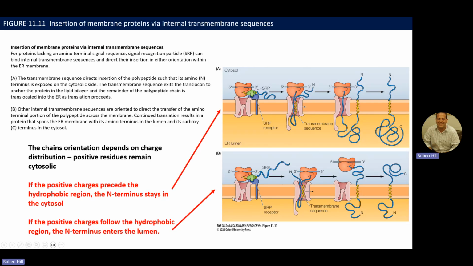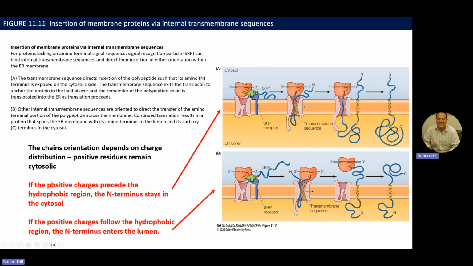All right, so here are your two options. Look at the end product in both of these figures. In the top here, we've got the N-terminus in the cytoplasm. And in the bottom here, we've got the C-terminus in the cytoplasm. Both of these have a hydrophobic stretch. You can see here that opens the lateral gate and allows the protein to integrate in the membrane.